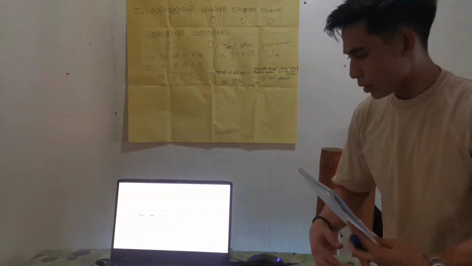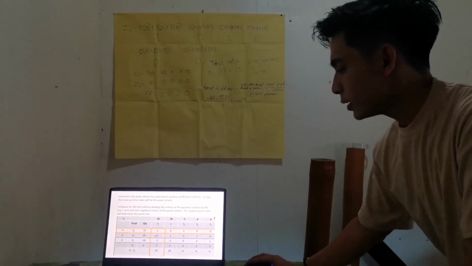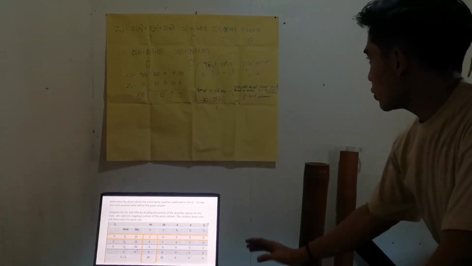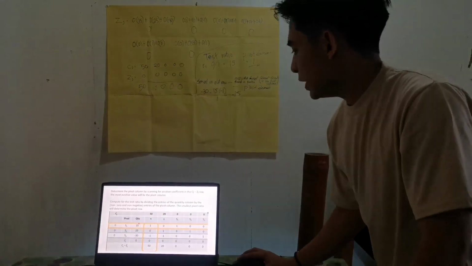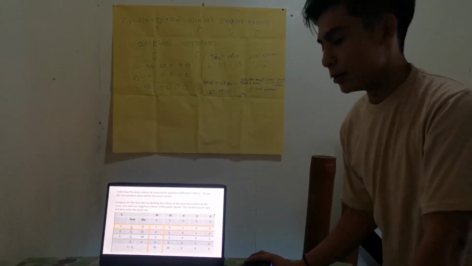Maguluhan kayo, ganito yun. Ito yung S sub 3. Yung element in old row is negative 30. Ito. And then, the associated element found in pivot row is 15. Dito makita yan sa katabi ng S sub 1.